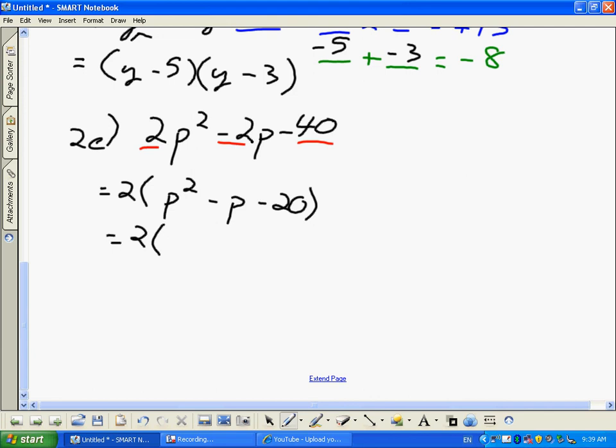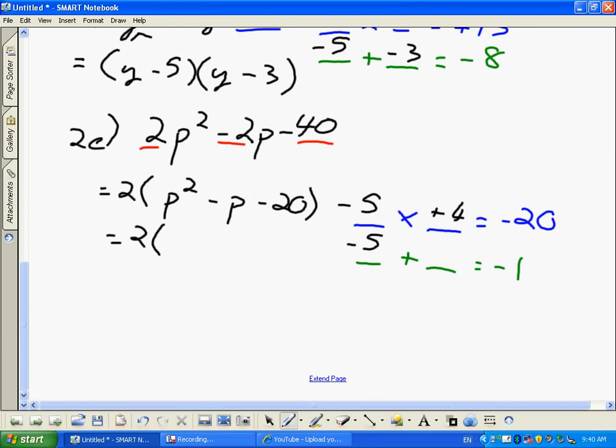Once I've done that, I take a look at this. I still need two numbers that are going to multiply to negative 20, and they're going to add to negative 1. Those numbers are negative 5 and positive 4. Negative times a positive is a negative. 4 times 5 is 20.